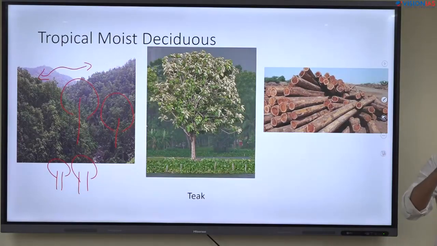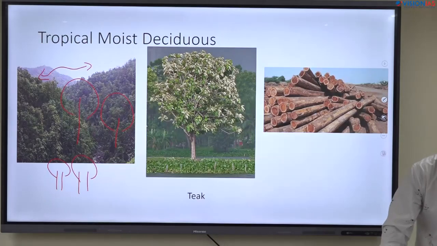Because rainfall is a little bit less. If rainfall is less, water availability is also less, so there is competition. The tree that wins in competition would be bigger. The tree that is not able to win would be smaller. Because the resources have reduced, competition has increased. Less water, rainfall has reduced here. You will understand this.